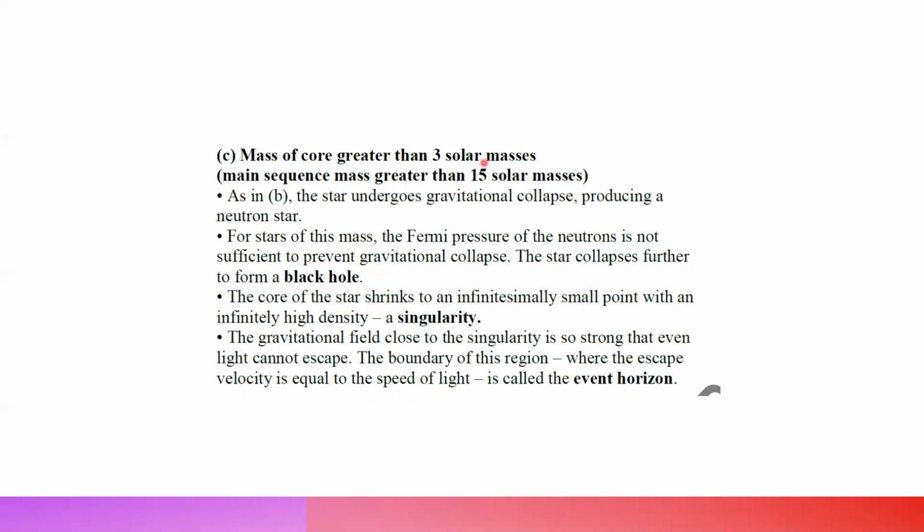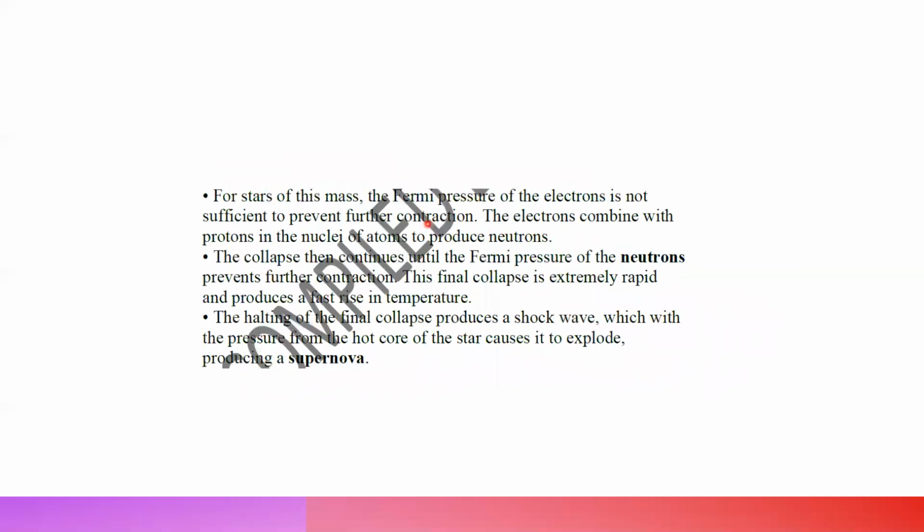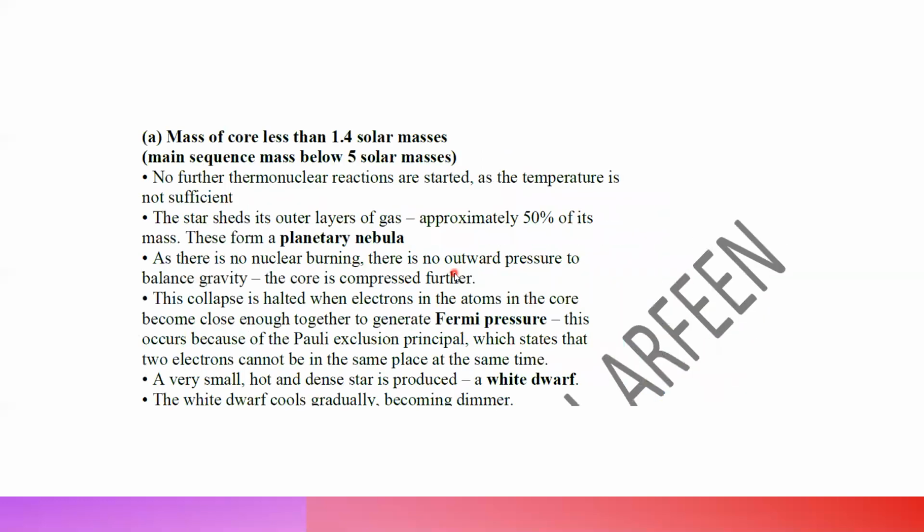Black holes are likely formed when the mass is about 15 times, and below that it forms a neutron star, but you are not dividing these into three parts.